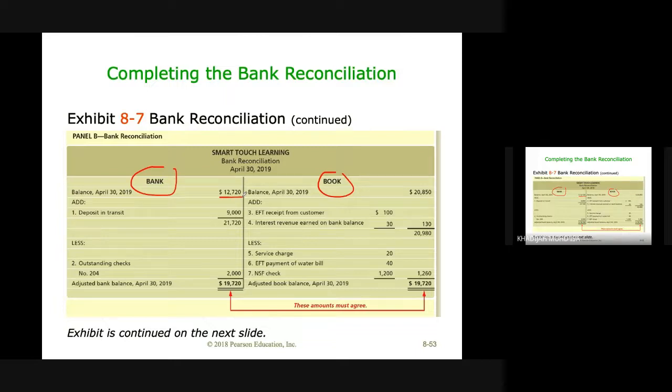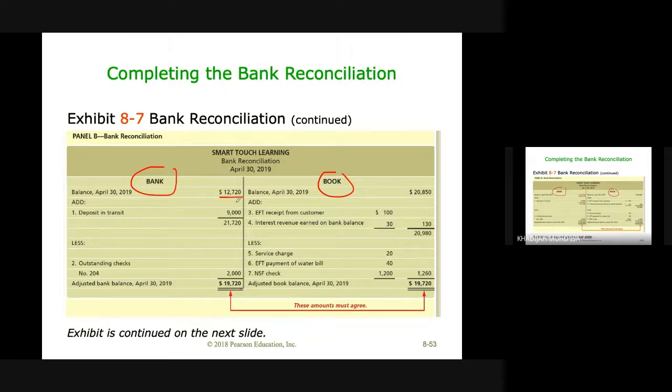So the bank balance is given as 12,720, and then you add on your deposit in transit, because that will increase your bank balance. And then you minus outstanding check which has not been presented, then you should get an adjusted bank balance.